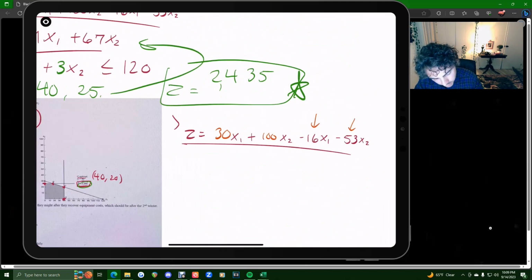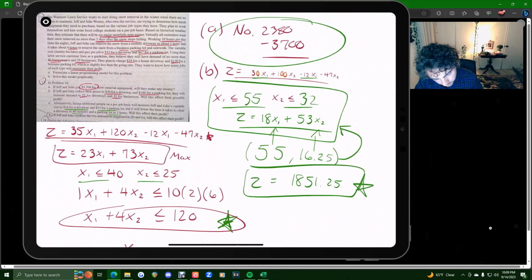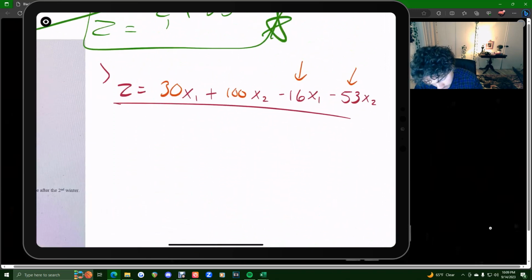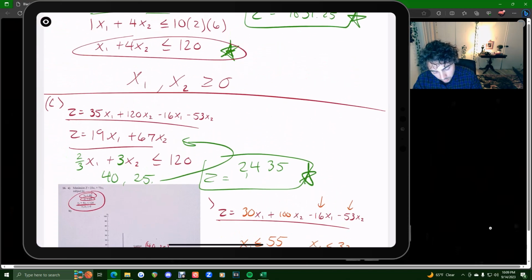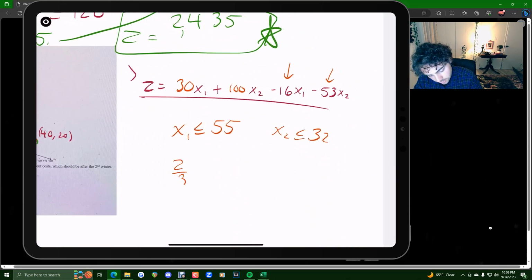So making those changes, but also the constraints for the demand, so the 55 and the 32. And then, what else? The hours. So combine, using the hours as 2/3 x1 plus 3x2 less than or equal to 120.